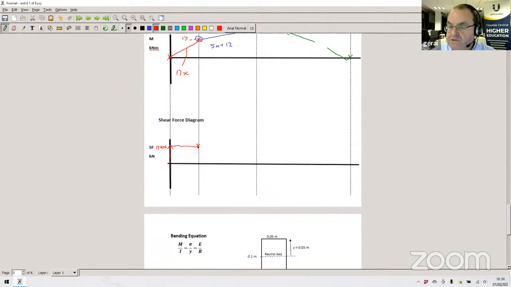So it comes down 12 kilonewtons. That will bring us down to 5. So that will be 12 kilonewtons in the downwards direction, and that'll leave us at 5 kilonewtons.